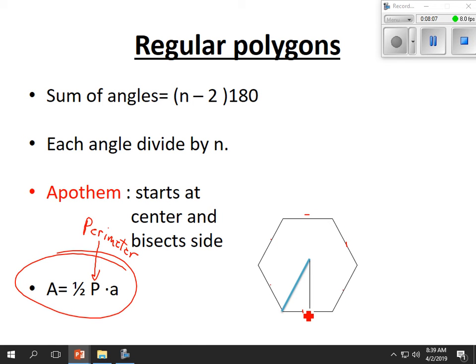Since it's regular, if I told you that this side was 4, all of them are going to be 4, and you just add them all up or take 4 times 6. The A stands for apothem. That's a new term. Apothem starts at the center and goes to the midpoint of one of the sides. That's the apothem. That's the A.